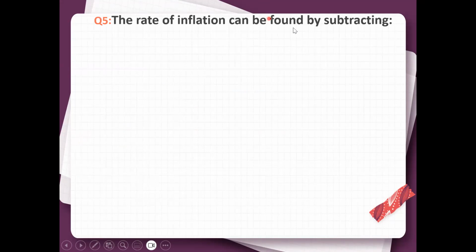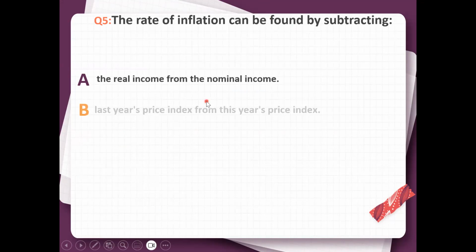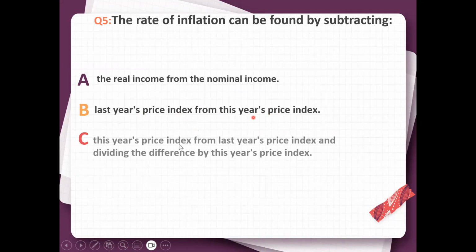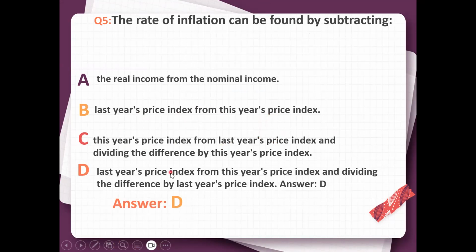The rate of inflation can be found by subtracting last year's price index from this year's price index, and dividing the difference by last year's price index.